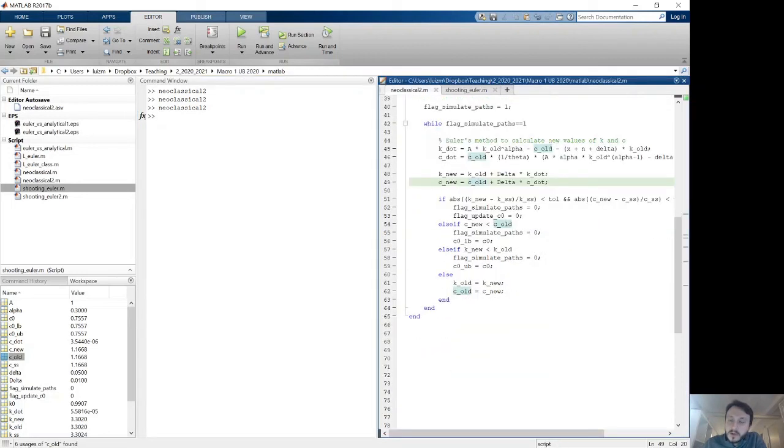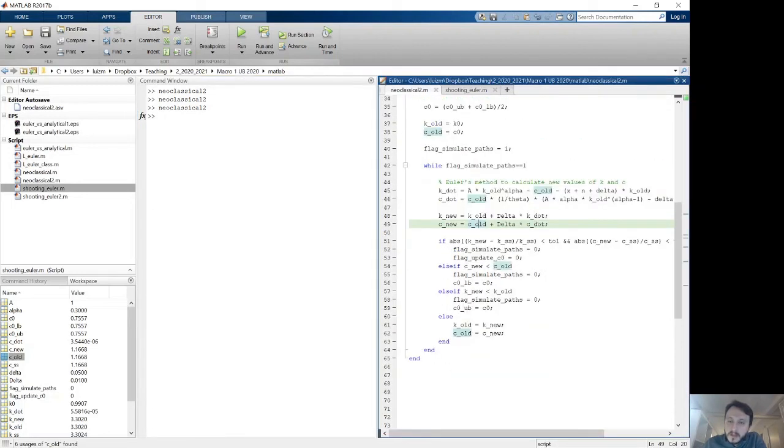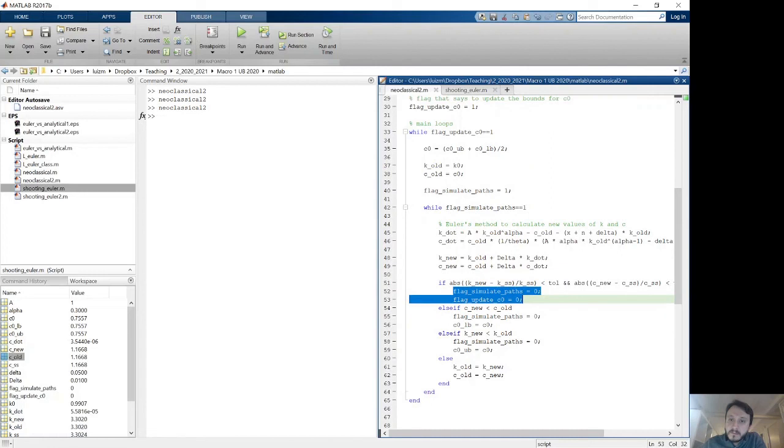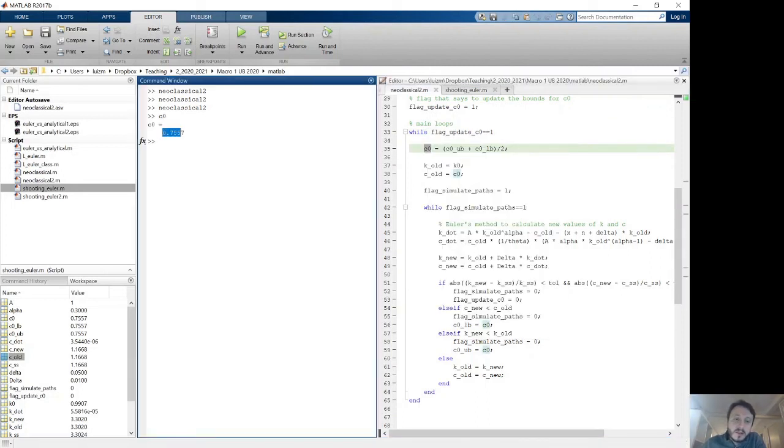So for the code to converge, it implies that MATLAB at some point got to this line of code that says that MATLAB doesn't need to simulate the paths and MATLAB doesn't need to update the bounds for consumption. So if we check C0, we got to this C0, and this is a good approximation for the real initial consumption in the model.